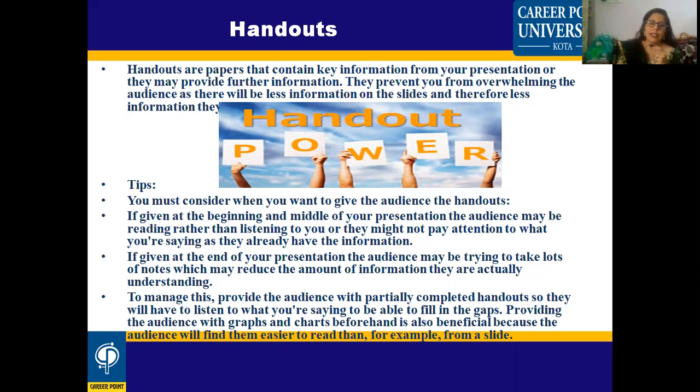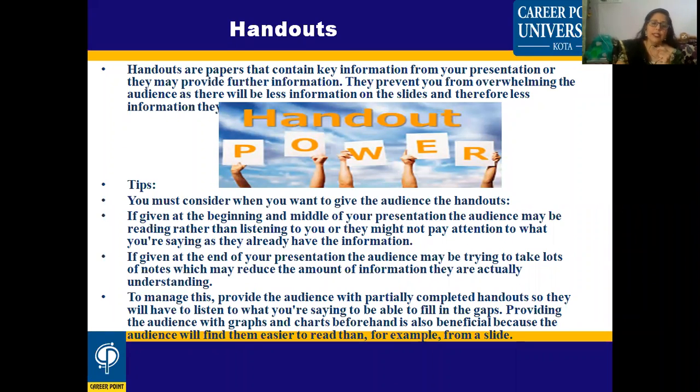So you need to provide the audience some key information regarding your presentation that can already be imprinted on the handouts that you will be distributing among them.